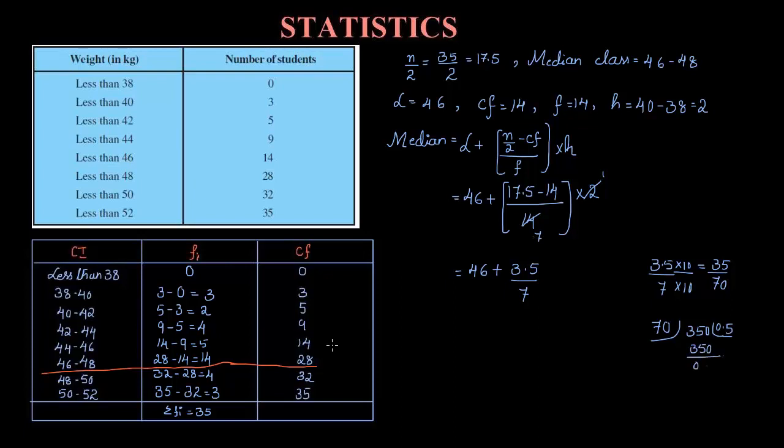So how much did you get? 0.5. So 46 plus 3.5 divided by 7, you got 0.5, right? So answer is 46.5. So you can observe that from the graphical method also you got the median 46.5, and also using the formula you got the median 46.5.